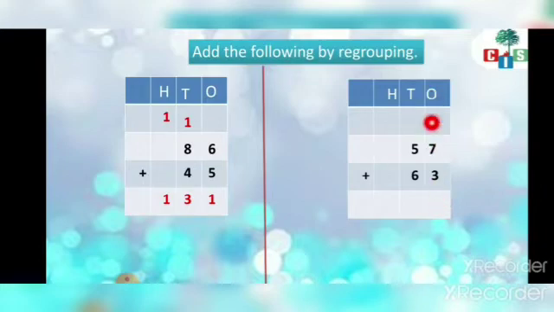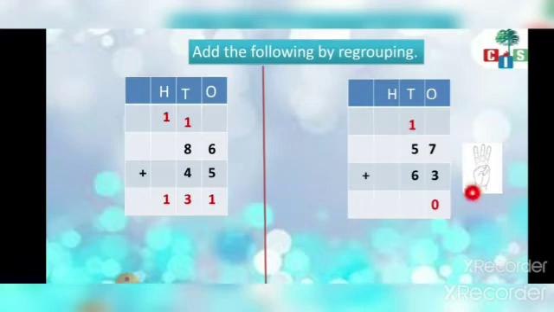Let us start with the ones column. 7 plus 3. So 7 in your mind, 3 on your fingers. After 7, 8, 9, 10. So 7 plus 3, we get the answer 10. So 0 in ones column and 1 is the carryover.